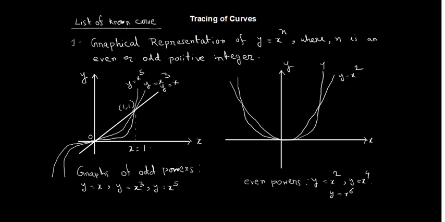Y equal to x 4 and y equal to x 6 will be something like this. This all will be parabolas, and the intersecting point is 1 1 here and minus 1 1 here. This is origin.